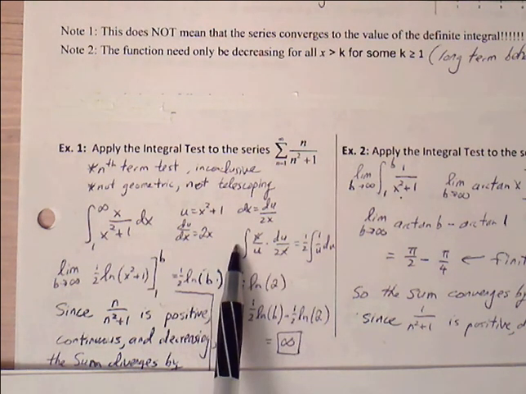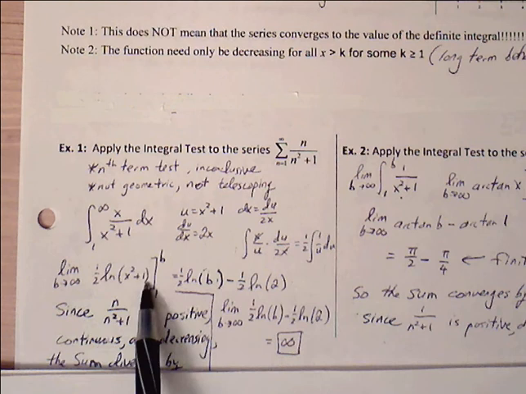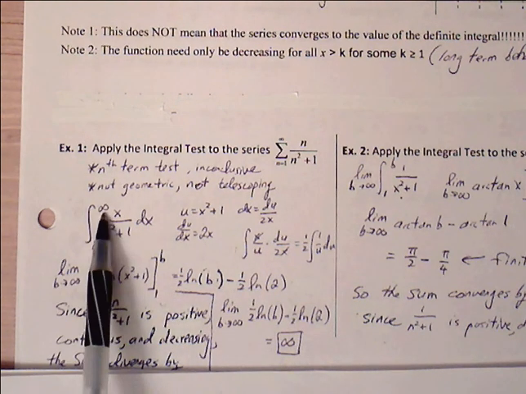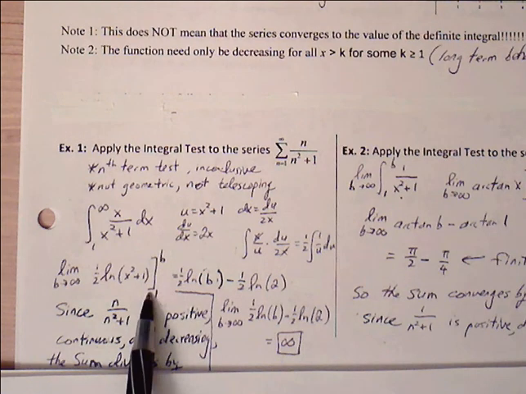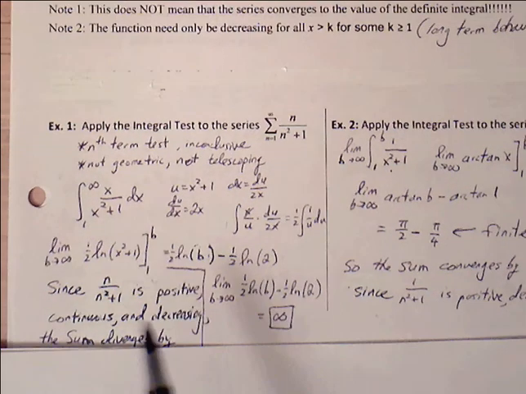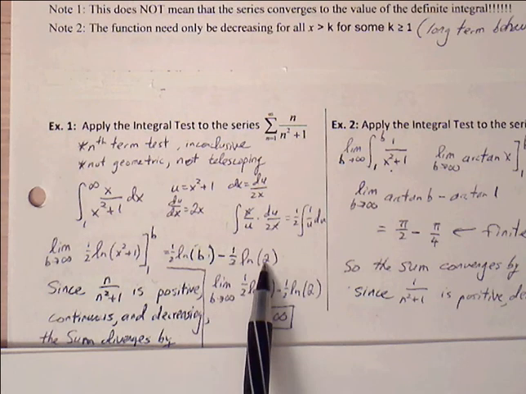We pull the 1/2 out as a coefficient, and the integral of 1 over u is simply natural log of u, which becomes natural log of x squared plus 1. So we find the limit as b approaches infinity, and we evaluate between our upper and lower bounds, b and 1. So we plug b in for x, and we get 1/2 natural log of b squared plus 1 minus 1/2 natural log of 2.